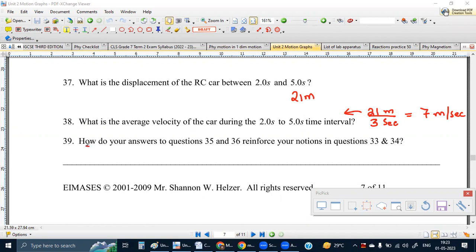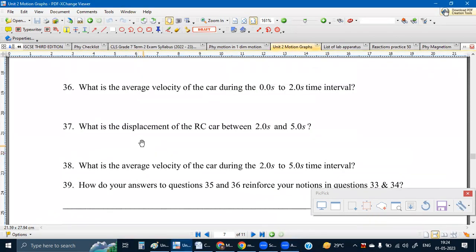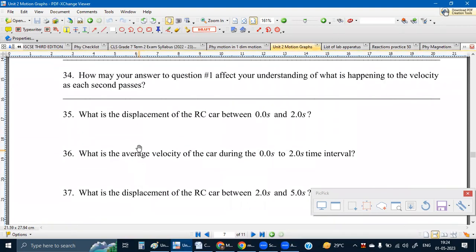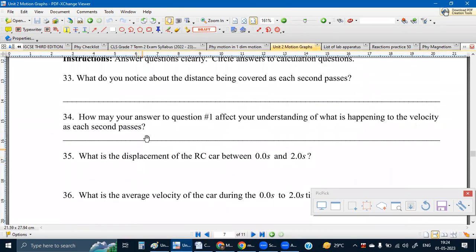How do your answers to questions 35, 36 reinforce your notions in questions 33 and 34? In question 33 and 34, the distance covered is increasing.